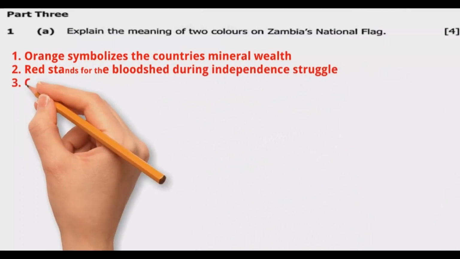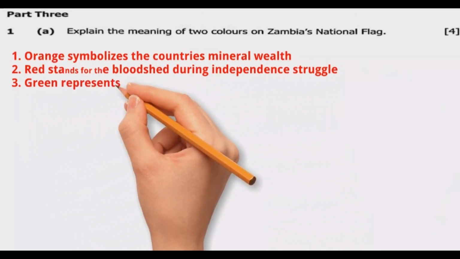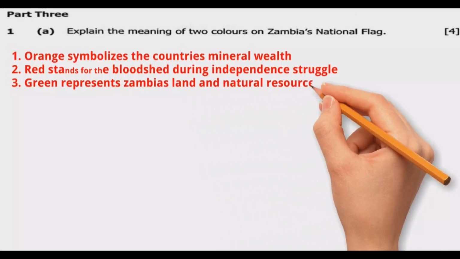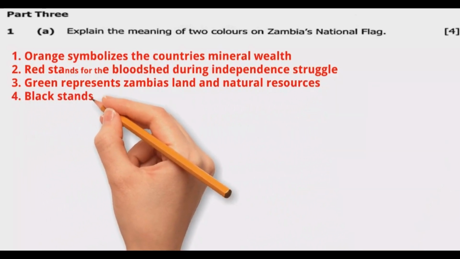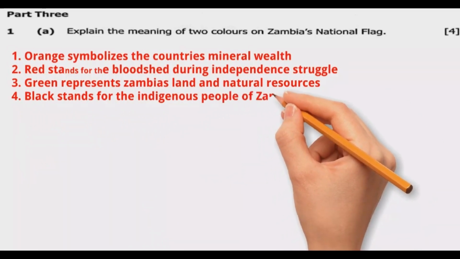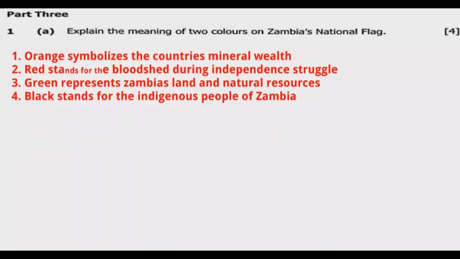Green represents Zambia's land and natural resources. Four, black stands for the indigenous people of Zambia. Those are the 4 colors of the national flag. So how do you write your short essay?